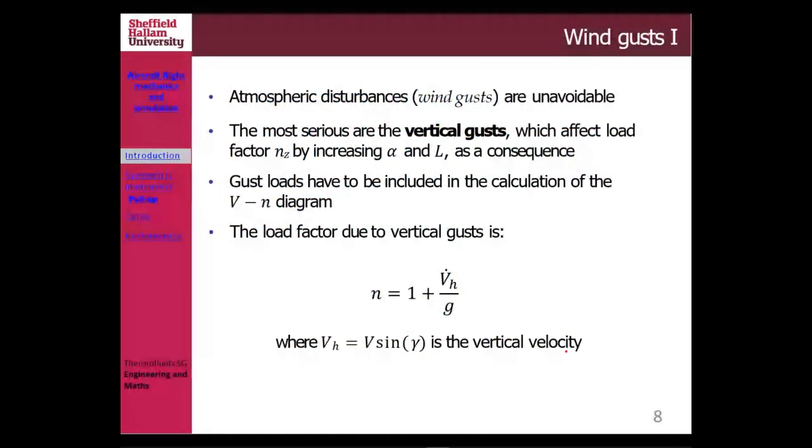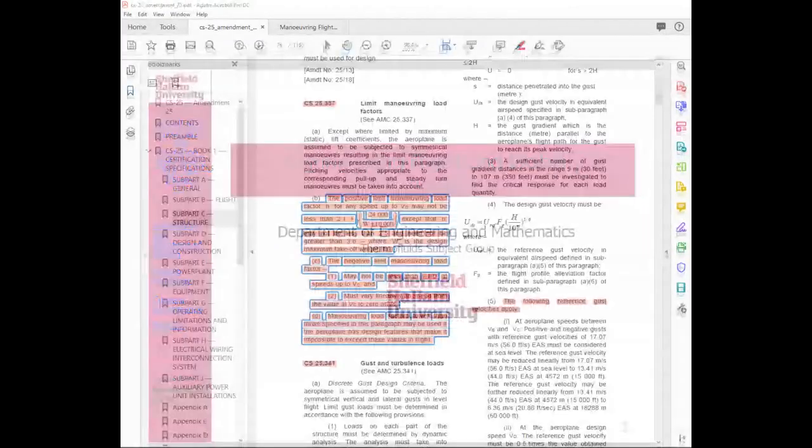Obviously, that is a standard VN diagram in normal flight, but of course, sometimes your aircraft suffers from gusts, turbulence, a disturbance during your flight.